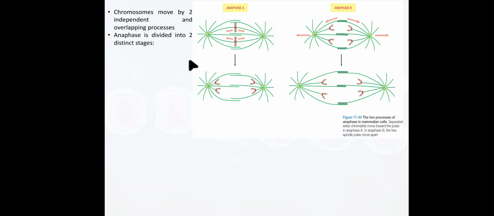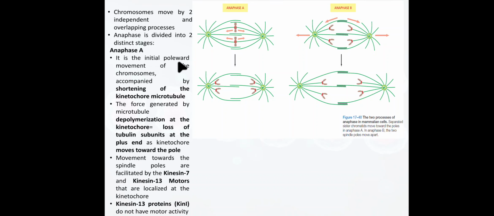Anaphase is divided into two phases, anaphase A and anaphase B. Anaphase A is the initial poleward movement of the chromosomes, which is accompanied by shortening of the kinetochore microtubules. The force is generated by depolymerization at the kinetochore, where there is a loss of tubulin subunits at the plus end as the kinetochore moves towards the pole.